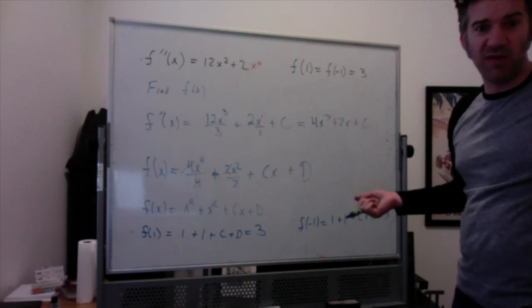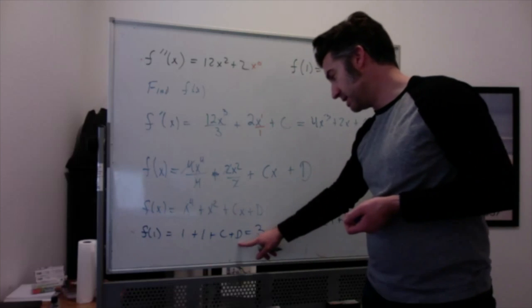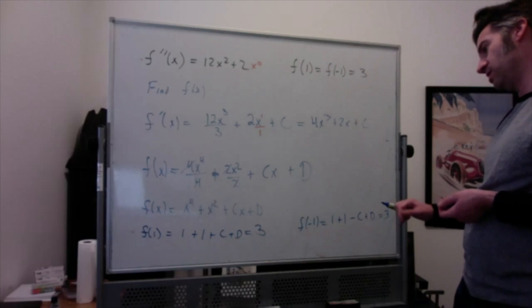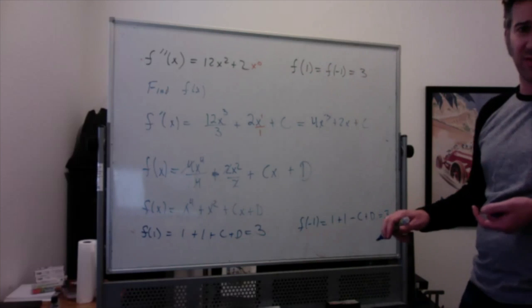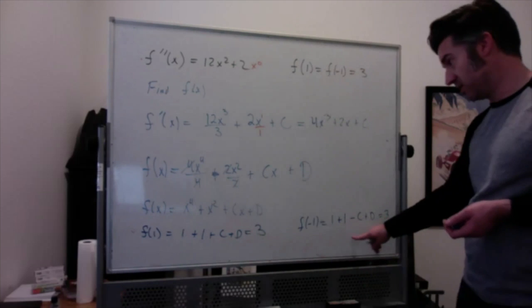And then you can solve this whatever way you want. You could isolate d here and then plug it in here. For this problem, the easiest way to do it might be just to actually add this equation to this equation.